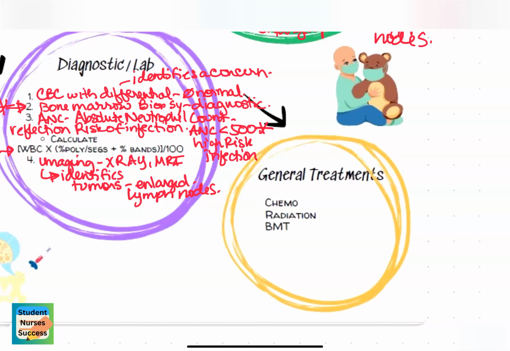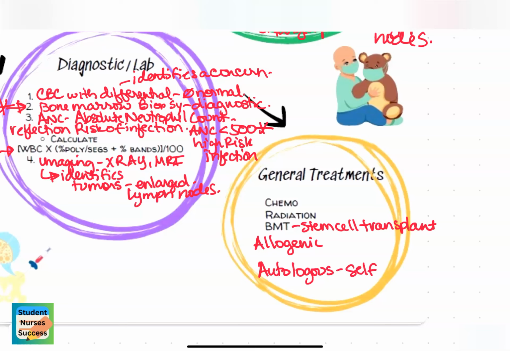Now, a bone marrow or stem cell transplant falls into two categories. You can have what we call an allogenic transplant or an autologous transplant. An autologous transplant is from yourself.